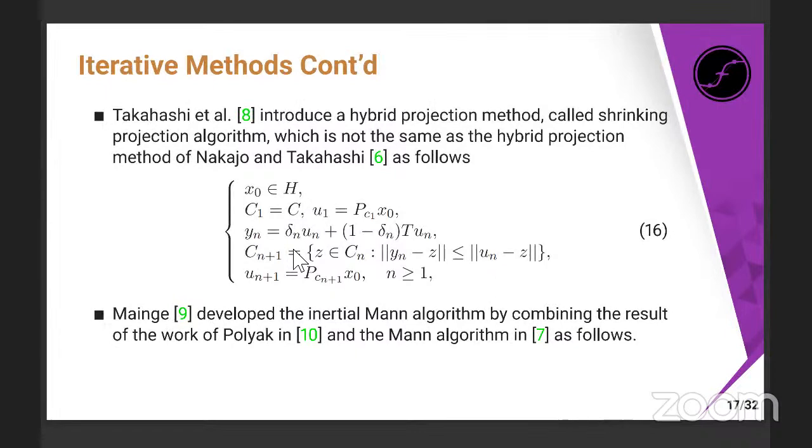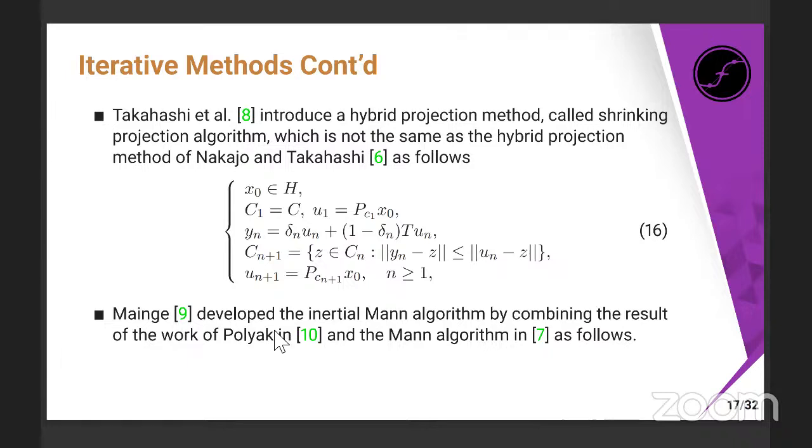So as I said earlier, the problems of fixed points, zero problems, and equilibrium problems have vast areas of applications. Because of their applications, fast convergence iterative methods are of much interest. That is why many researchers in this area devoted their efforts to developing fast convergence iterative algorithms, more especially in the sense of what we call the inertial technique introduced by Polyak in 1964.